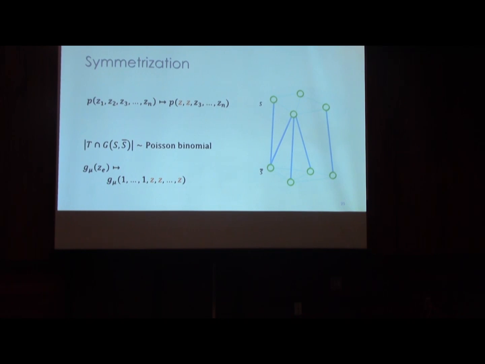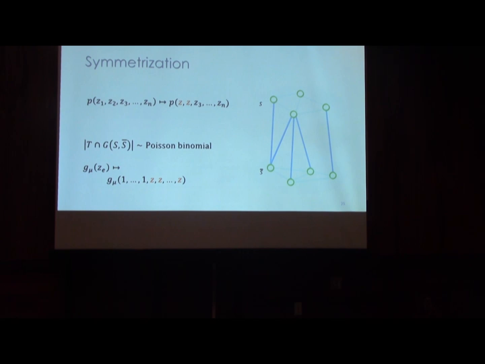By the facts that we have already seen, this is going to be the generating polynomial of a Poisson binomial. So this in particular proves that the number of edges that a tree has in a cut is going to be a sum of Bernoulli random variables. That's a very non-obvious fact, and using this machinery, you can derive it in 2 lines.